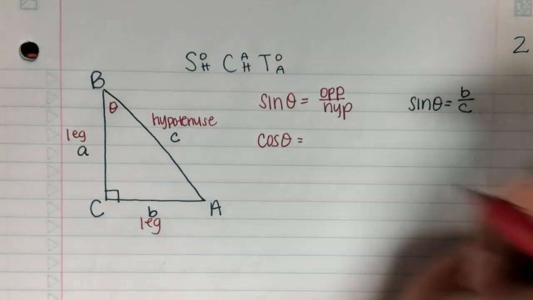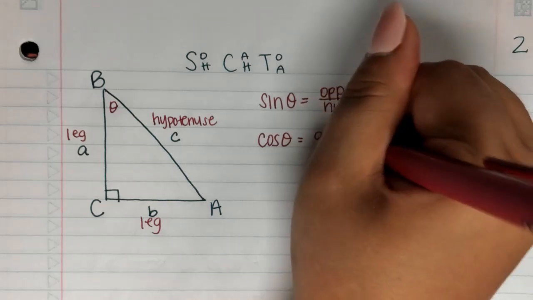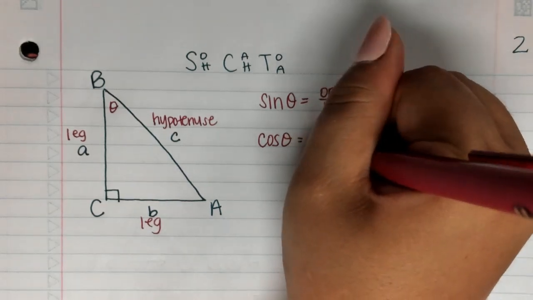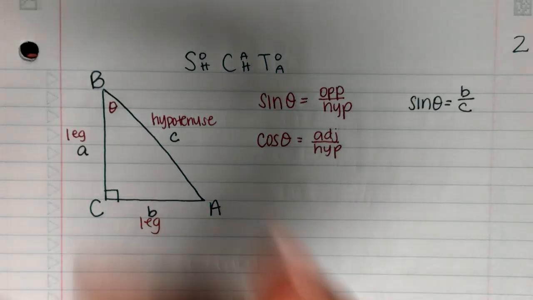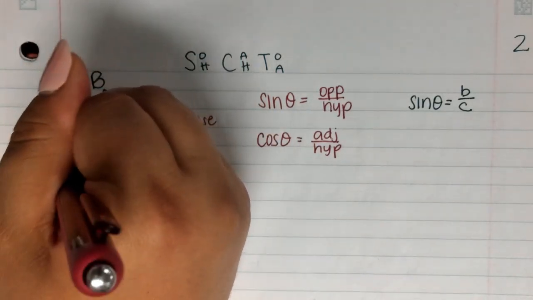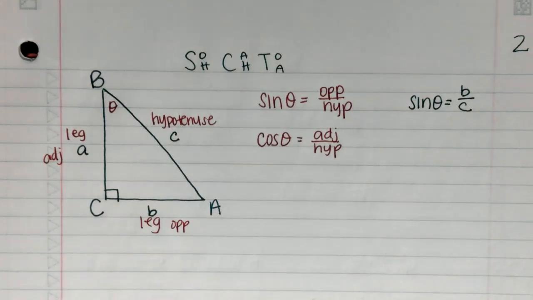How do you find the cosine of something? Adjacent over hypotenuse. And just as a reminder, adjacent means next to. So this one is my adjacent. This is my opposite leg. Adjacent means next to, that's not the hypotenuse.